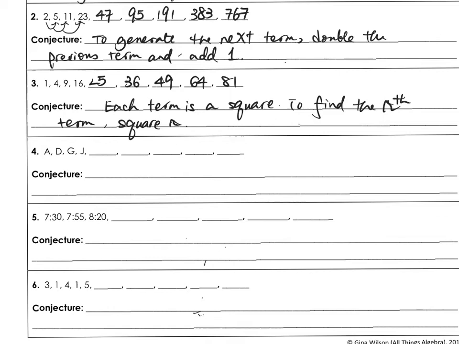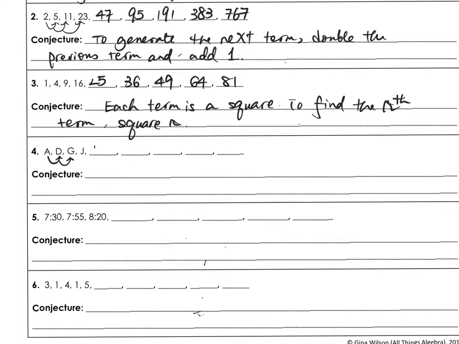Let's look at number 4. A, D, G, J. From A to D, I have B, C. From D to G is E, F. So in the alphabet, I go from one letter to the next by skipping 2 letters.